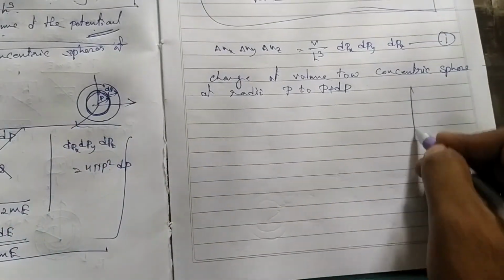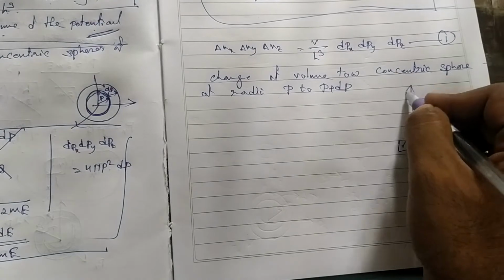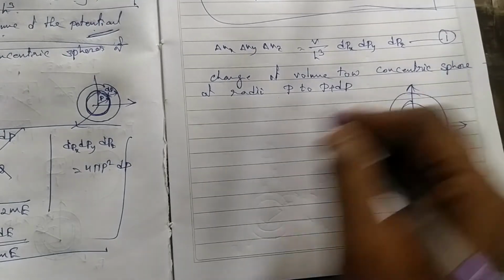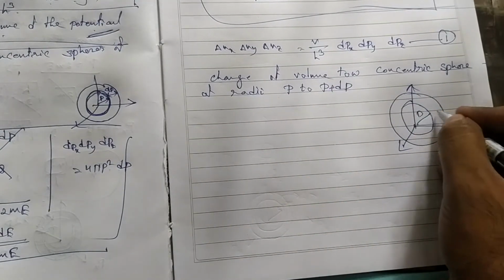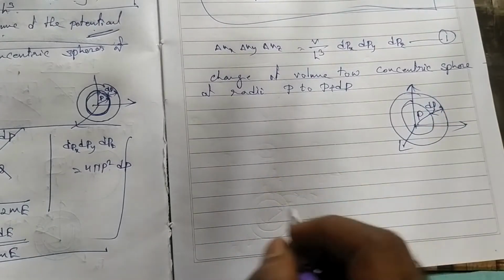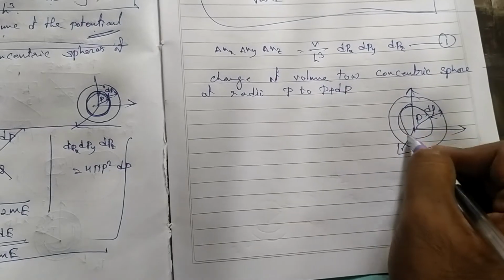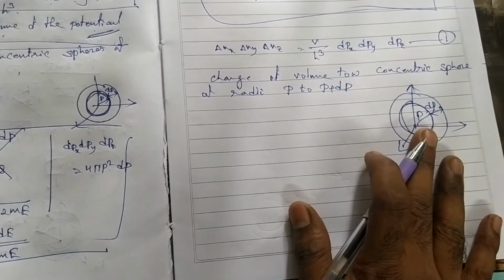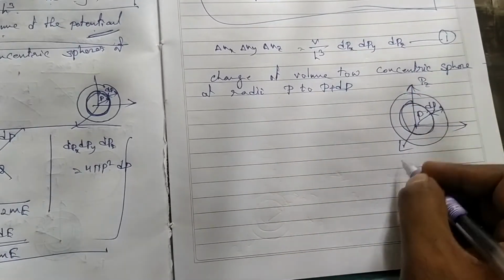Obviously we draw here this. So this is p and this is dp. This is a sphere, a spherical body, because this is a three-dimensional picture.